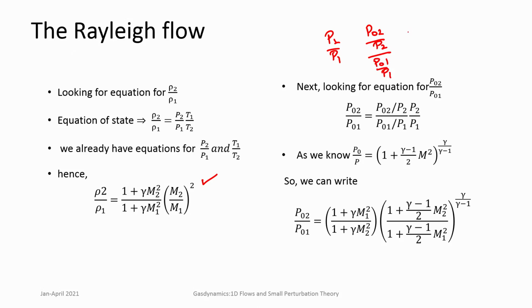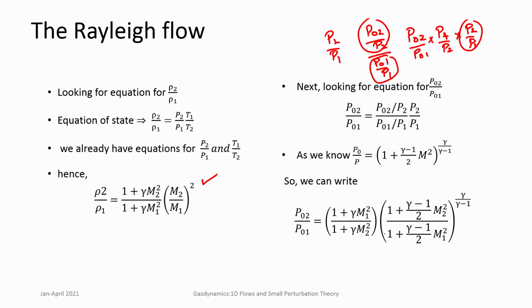So, you will get P02 by P01 as 1 plus gamma minus 1 M2 square, divided by 1 plus gamma minus 1 M1 square, multiplied by P2 by P1. If you multiply this, this gives P1 by P2, multiplied by P2 by P1, and you will get P02 by P01. So, that is how we get it.